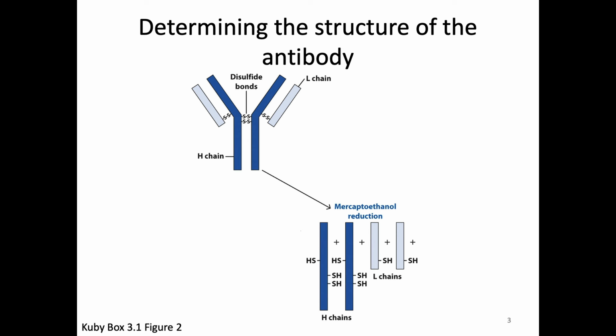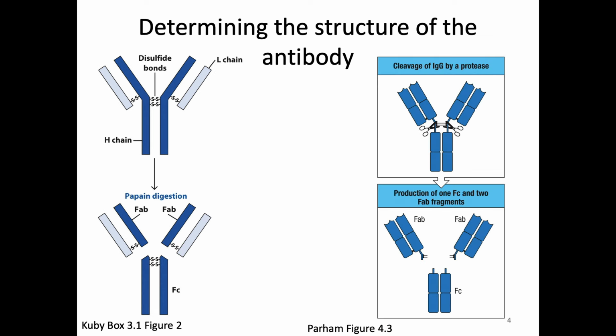They then wanted to use some other approaches to learn about the structure of the antibody. And so now they used a protease to degrade the protein and to break it into different parts.